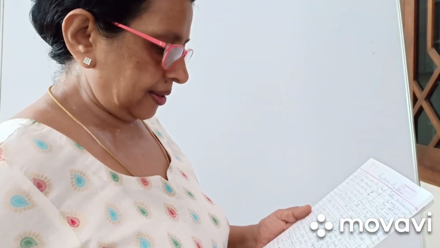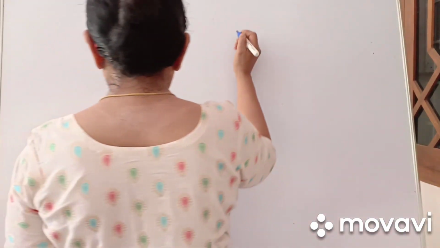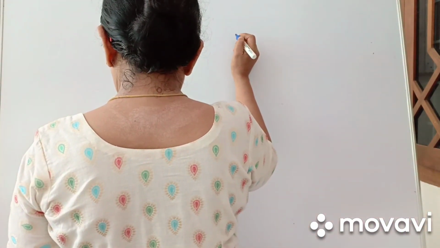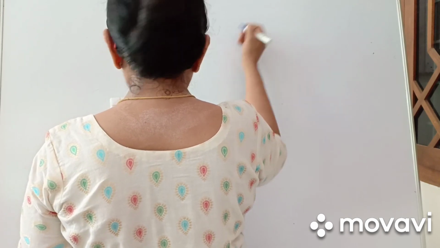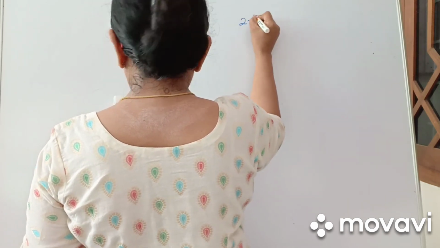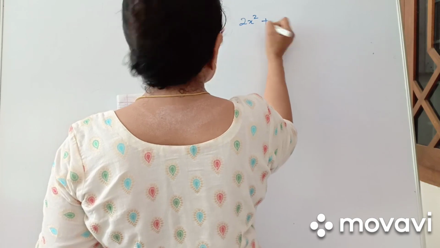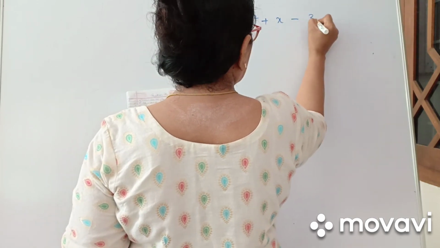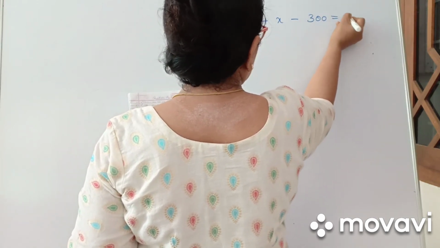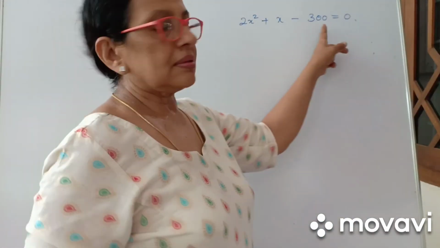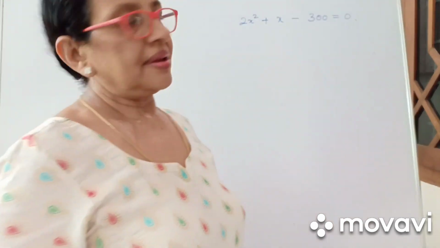Now I'll give you another problem. 2x squared plus x minus 300 equal to 0. Now here this number is negative.